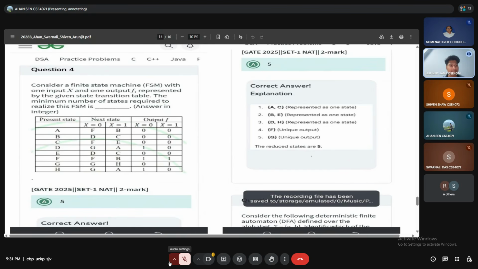Next we have B and E as another state and D and H as another state, and as unique outputs we get C and G. So in total there will be 5.